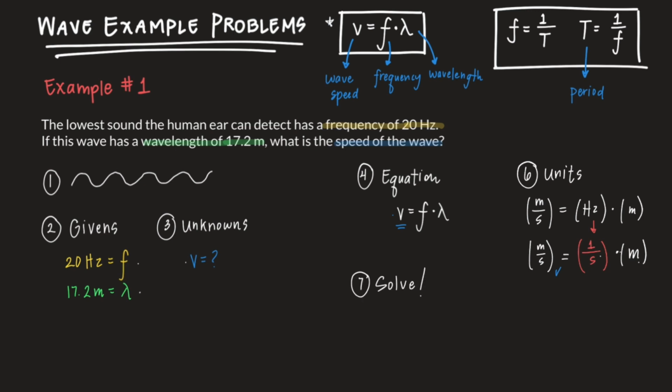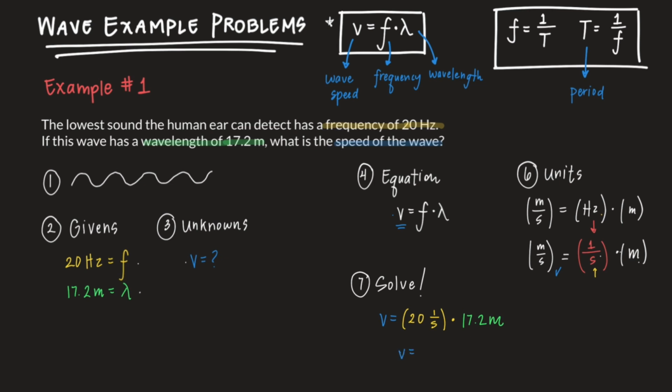Next up is the last step, which is to solve. So now we're going to plug our numbers into our equation. We're looking for wave speed. So v equals our frequency, which was 20 hertz. Instead of using hertz, I'm going to use that 1/seconds, right? Because I want to get the right unit for my velocity. So 20 1/seconds is going to be multiplied by my wavelength, which is 17.2 meters.